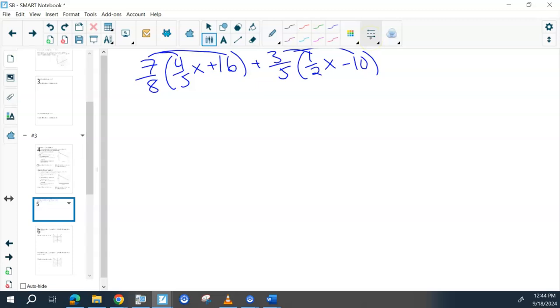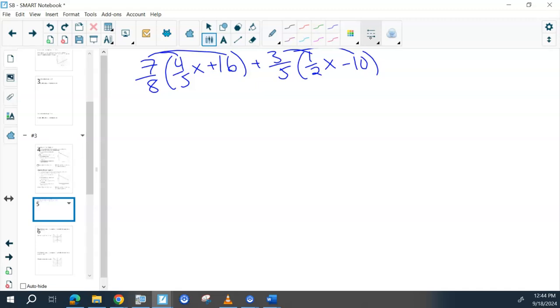Okay, so for this one, you needed to simplify, not solve. So at the end, you shouldn't get an x equals a number, but you should have an x and a constant together in an expression. You needed to distribute first, either in your calculator or algebraically.